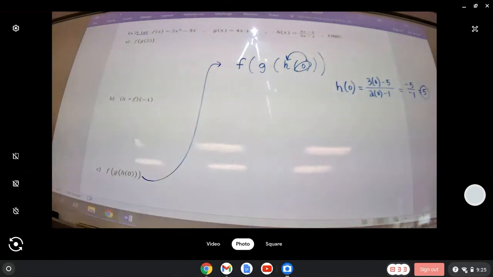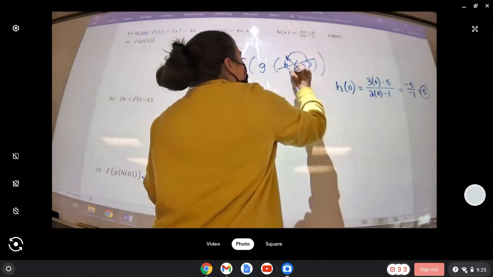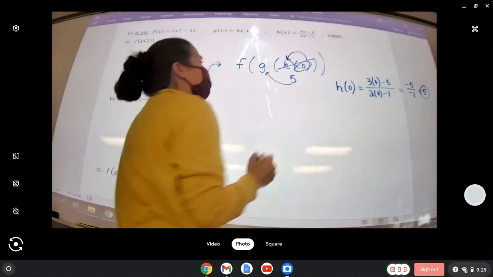All right, so first I plugged 0 into h, and I got a 5. So now 5 is going into the next function.